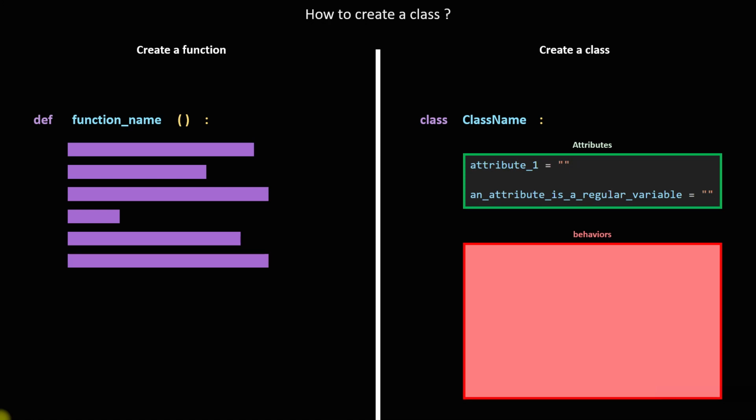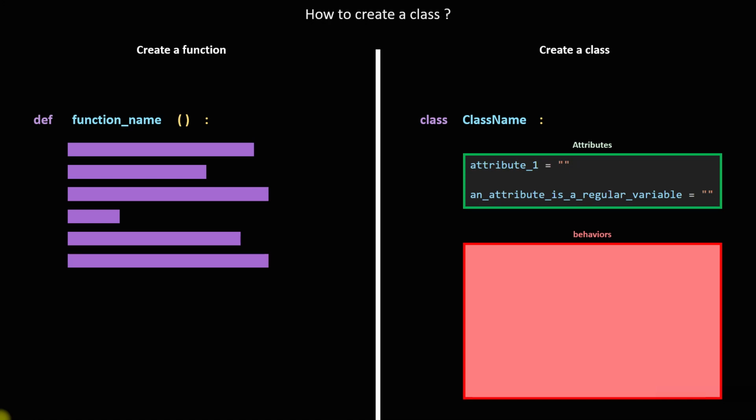The first attribute is called attribute number 1, and the second is attribute number 2. An attribute is a regular variable. The attributes are regular variables, but they are called attributes because they are inside a class.